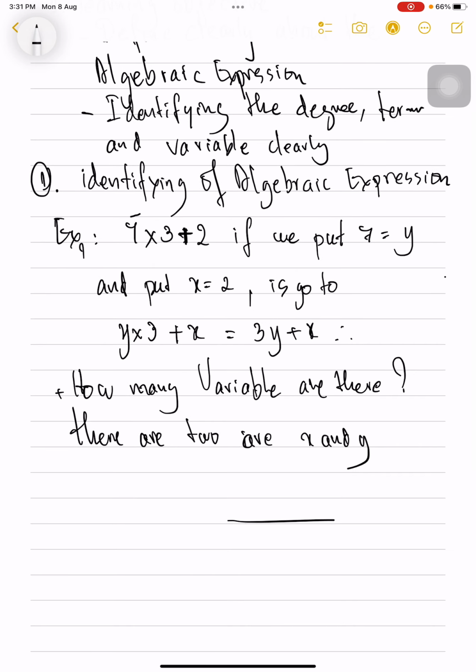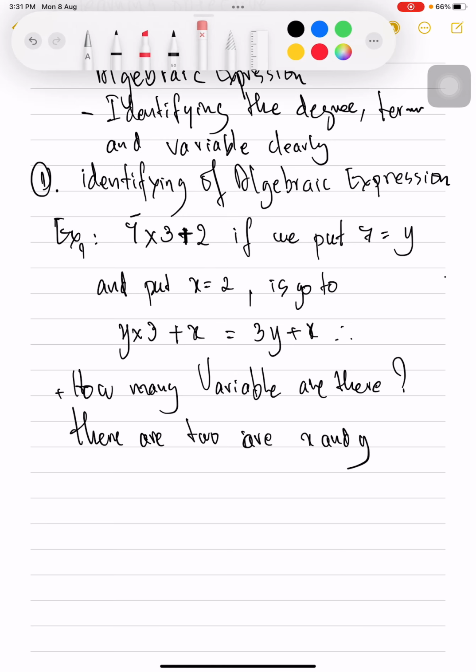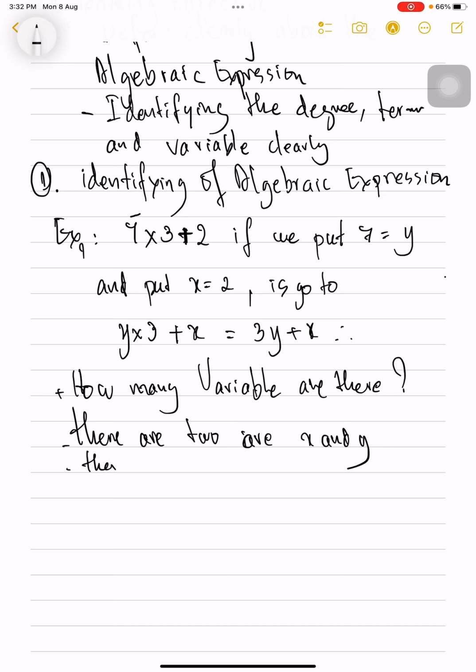It means how many parts we divide, we add, or we operate in this expression. There are two terms. The first term is 3y and the second term is x. And this is what we call an algebraic expression with two variables and two terms.